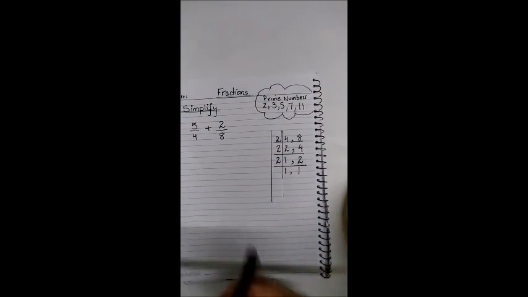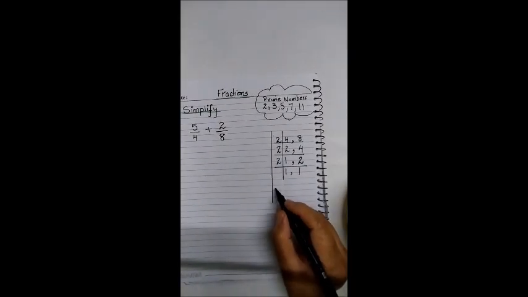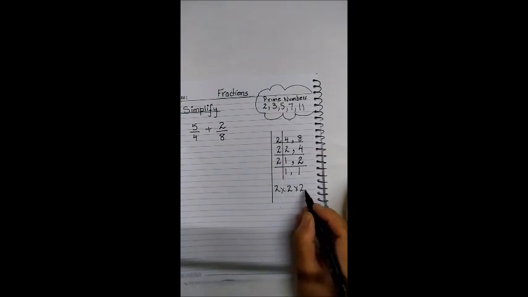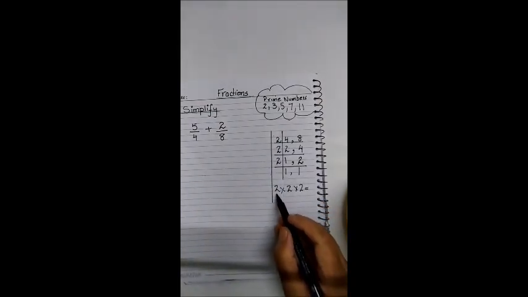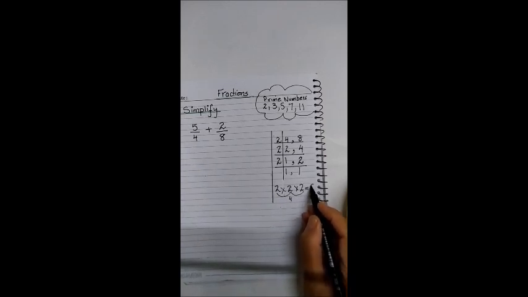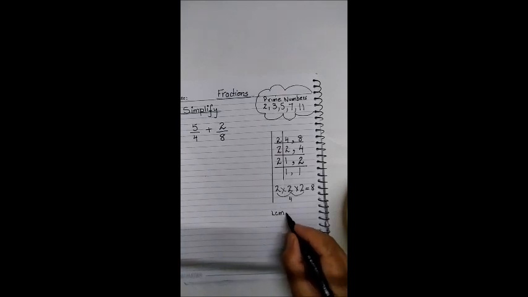How many 2s do you see over here on the side? There are 3 2s. So I'm going to multiply 2 times 2 times 2. 2 2s are 4, and 4 2s are 8. So your LCM is equal to 8. Understood?